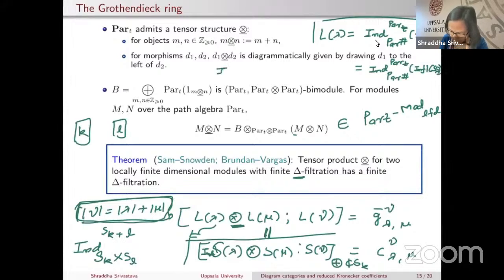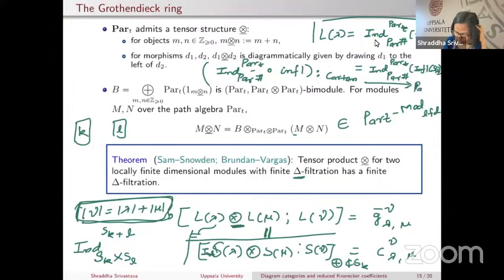And then this induction with this functor should be monoidal. I mean, this should preserve the tensor structure. So this is a functor from where to where? This is a functor from the Cartan subalgebra to this side, to the whole partition modules.